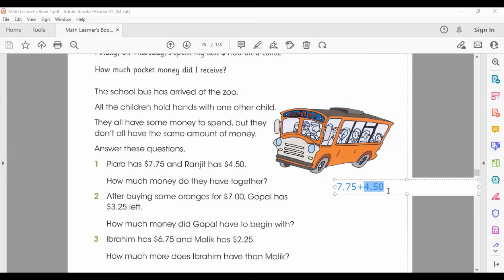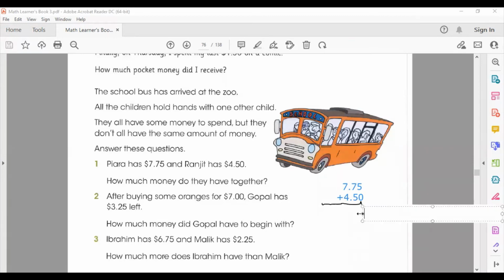So let us do up and down. 5 plus 0, 5. 7 plus 5 equals 12, 1 carry up.